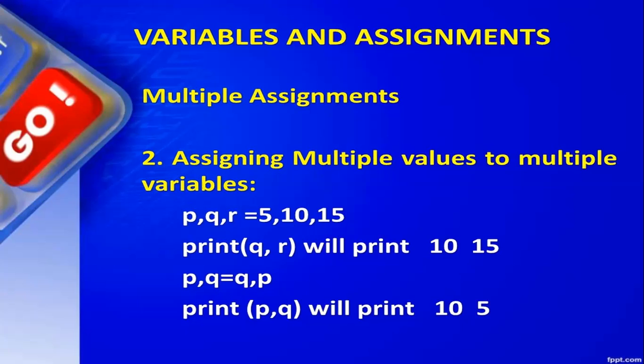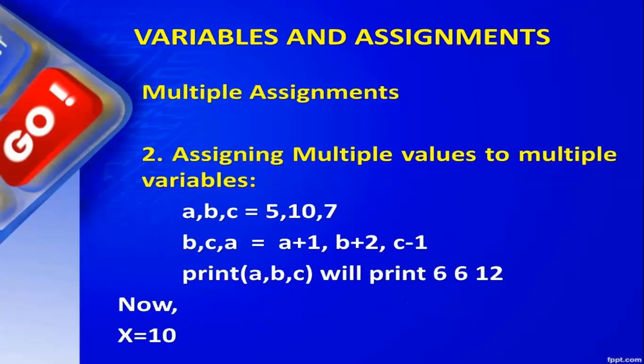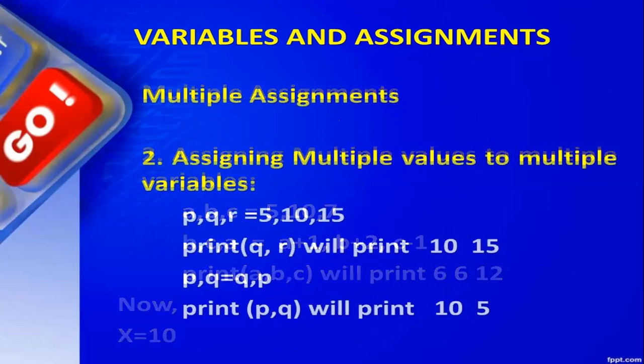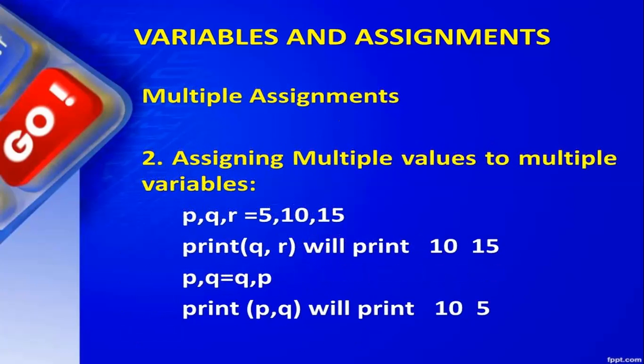When you say P, Q equals to Q, P, this is how the assignment works. It will start assigning from left to right. Expressions separated by commas are evaluated from left to right. So first it will pass the value to variable P, and then it will pass the value to variable Q.